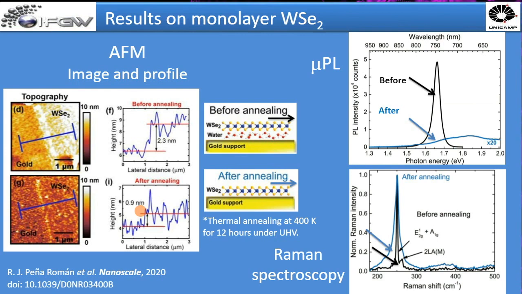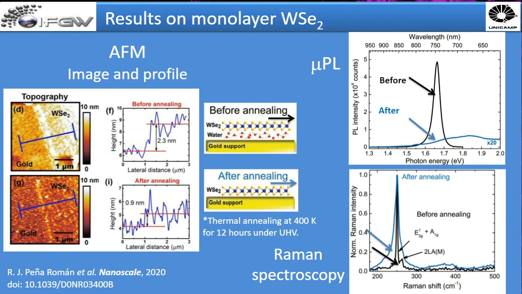So our interpretation for this, and this is really well discussed in the literature, there are several examples mentioning this, is that when we make the transfer in air of the TMD onto a hydrophilic surface, there is always a layer of water that is trapped between the TMD and the gold support. And this water just remains there until we make some annealing to remove it. And so the point is that the TMD was decoupled from the gold.